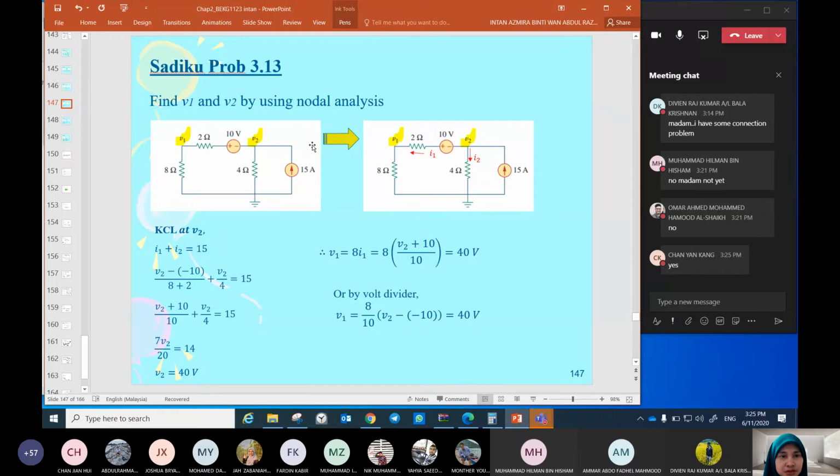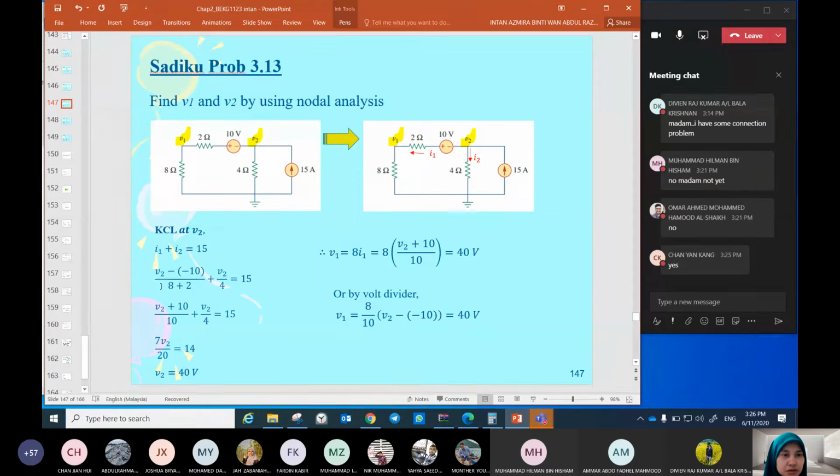In this figure we should only have one node, at node V2. So now I just write the equation at node V2. I1 plus I2 equal to 15.